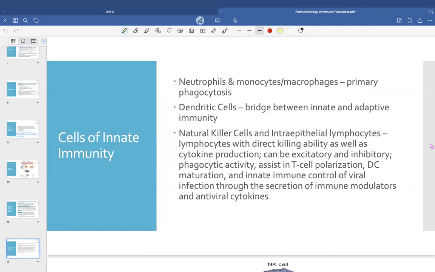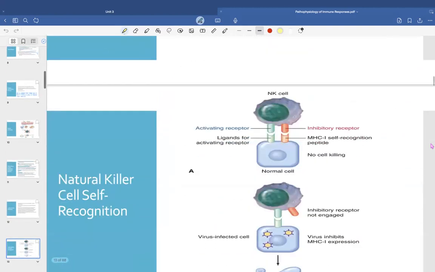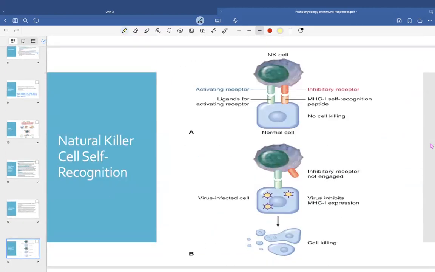As far as self-recognition, the top diagram A shows the natural killer cell. And again, this is a depiction, and it has both an activating receptor and an inhibitory receptor.